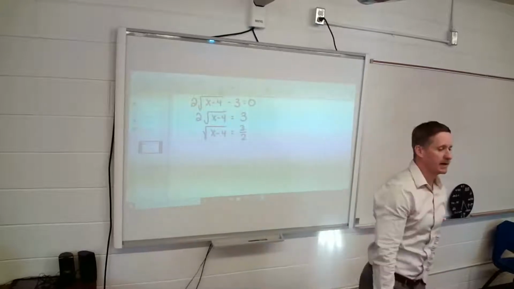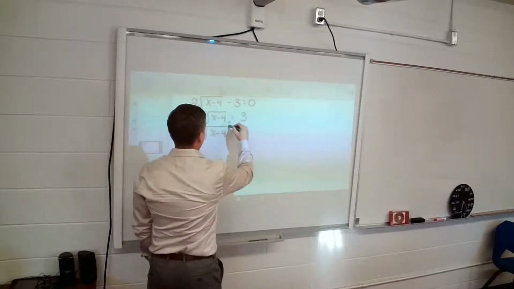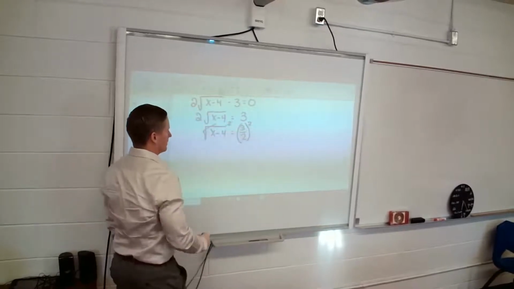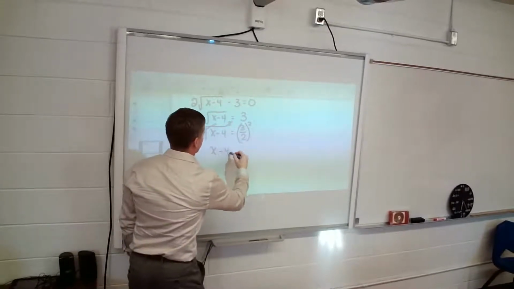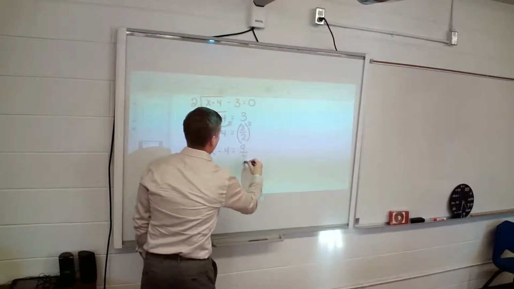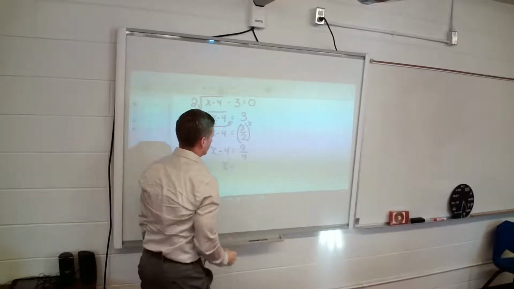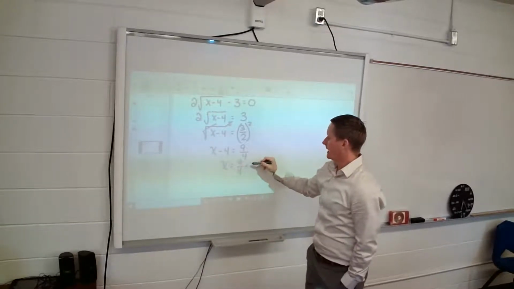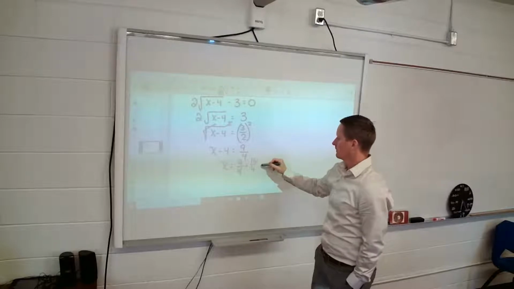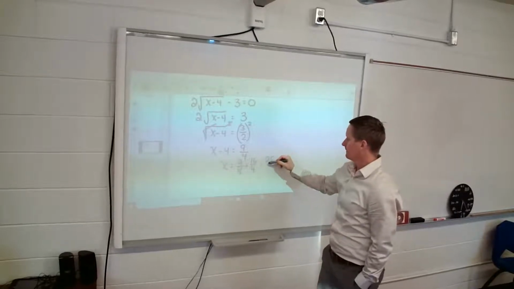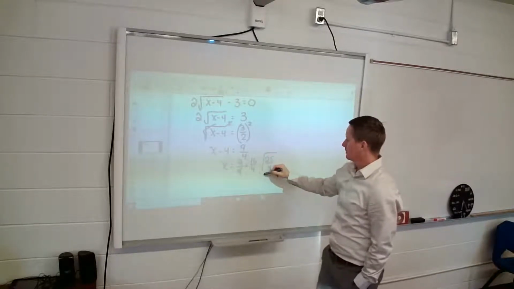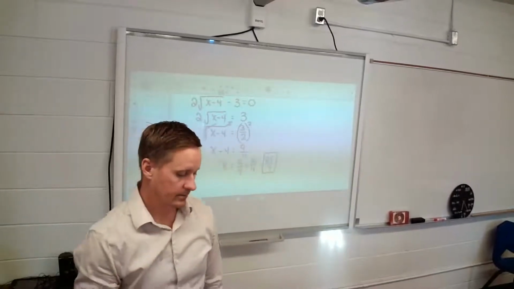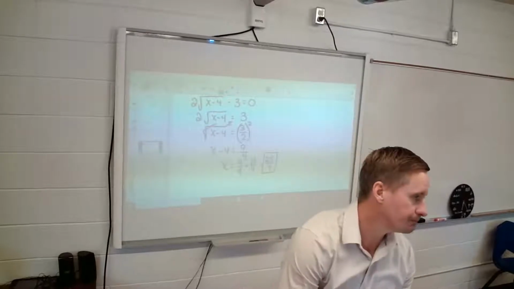Then square both sides. So I square this, that gets rid of it, and then add 4, right? So I've got 9 over 4 here. So now I've got 9 over 4, add 16 over 4, which equals 25 over 4. So that works great, all right? But we have one issue.